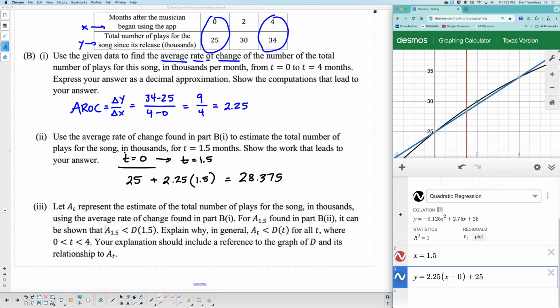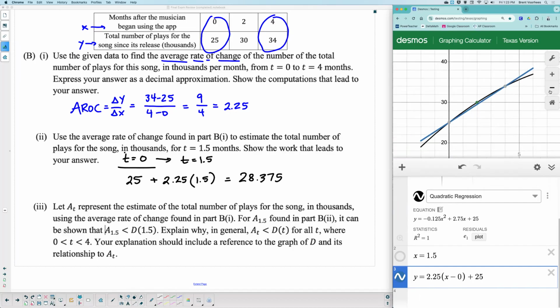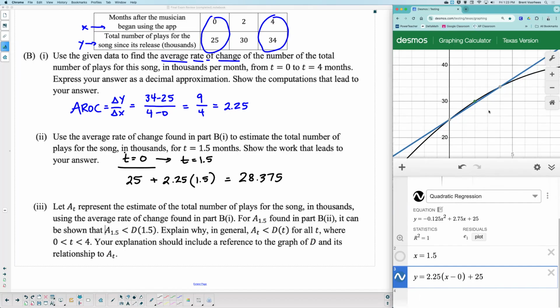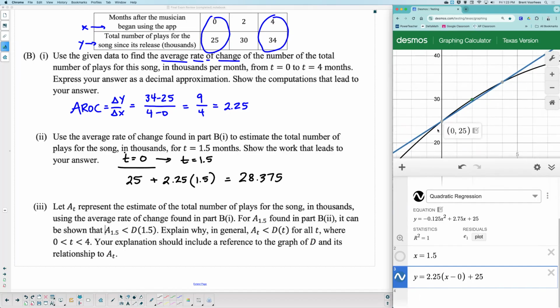Let me turn off this for a second. Because the model was concave down and this AROC is between it, let me zoom out so you can see it, the model goes higher in the middle. Do you see how it's higher than the line? It's always based off the model's curvature. Because this is concave down, in the center, the graph is higher. That would be your explanation.